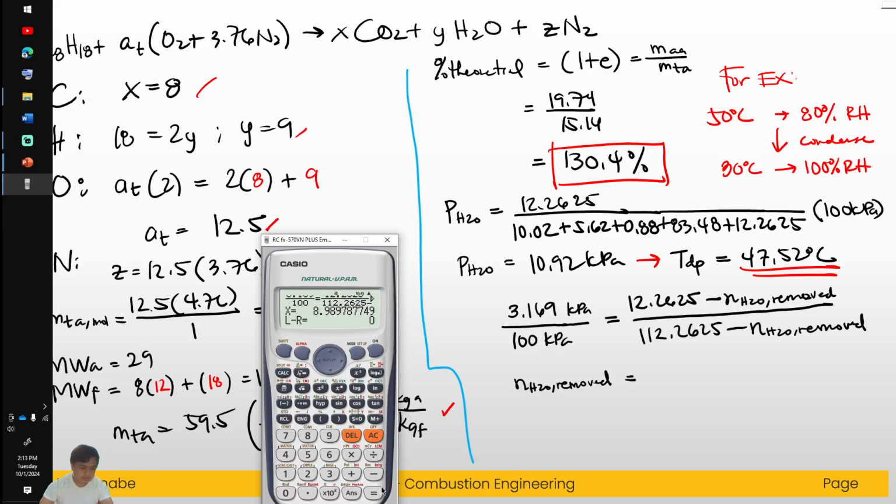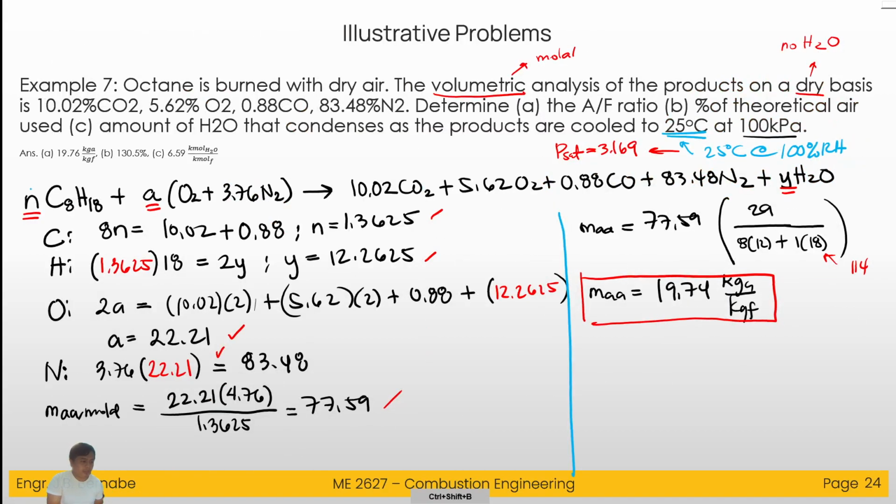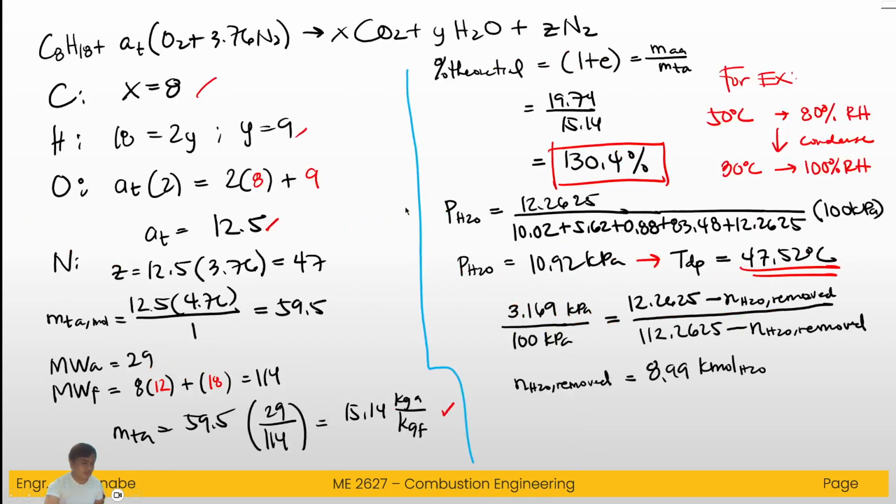Okay, so you have 8.99. Yes, 8.99 kilomole of H2O removed, no? So we are forgetting something here, because if this is per kilomole of fuel, then that will be per 1.3625 kilomoles of this octane.